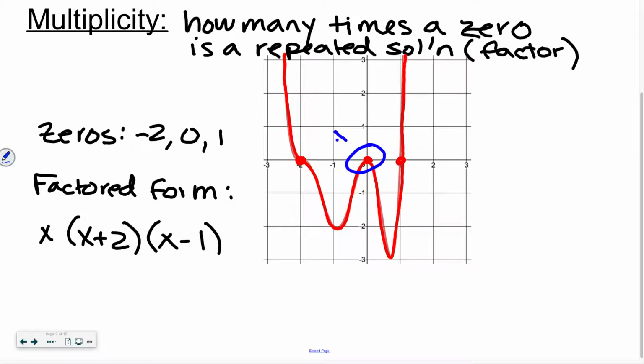Some people describe that, as we've said before, as a bounce on the axis, like some of our quadratics bounced on the axis. Okay, so that's a special case. If you have a turn or a bounce, you have even multiplicity.